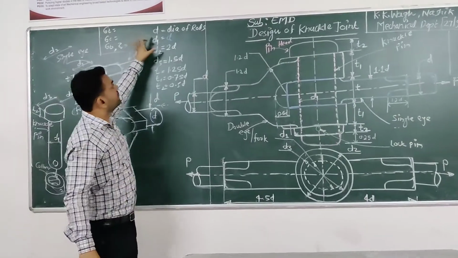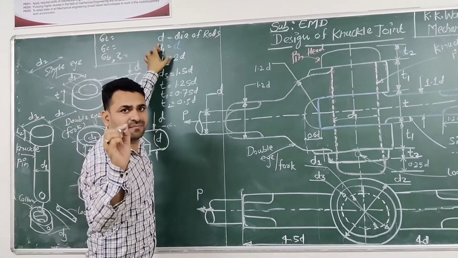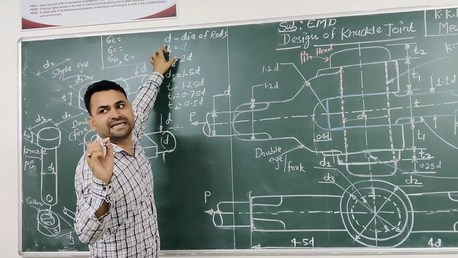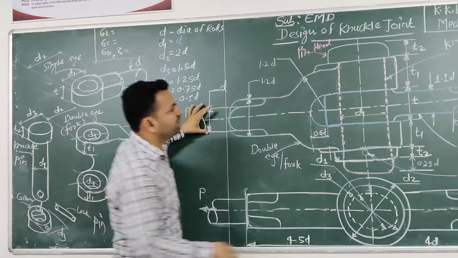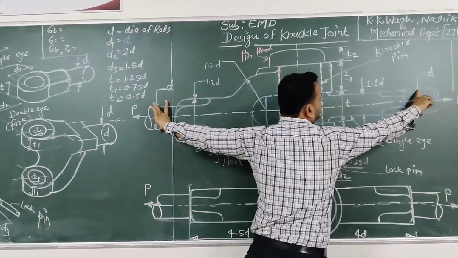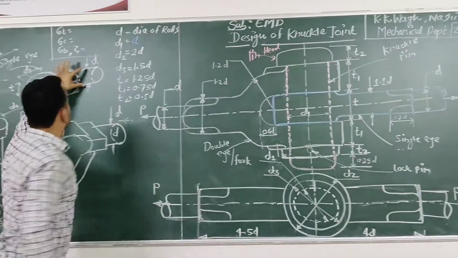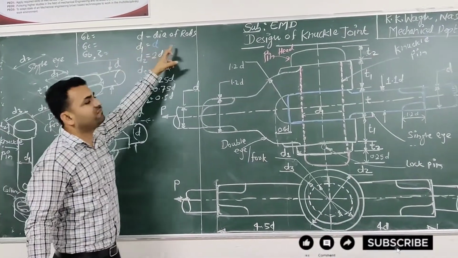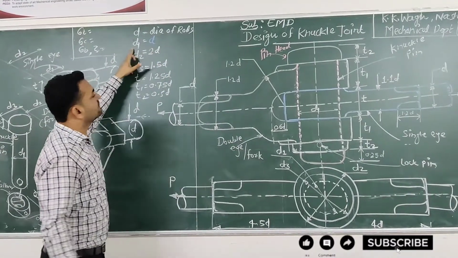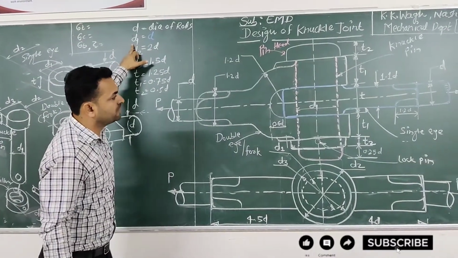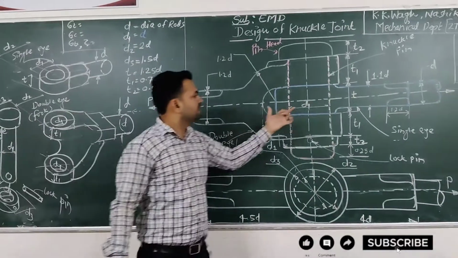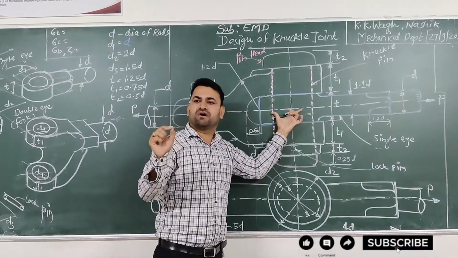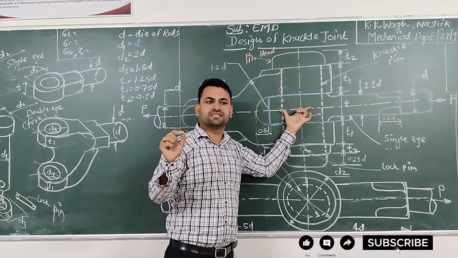So come here. See here. First very important dimension is D. D is the outside diameter of rod. See here, this is in 3D diagram. Second is D1. D1 is equal to what?